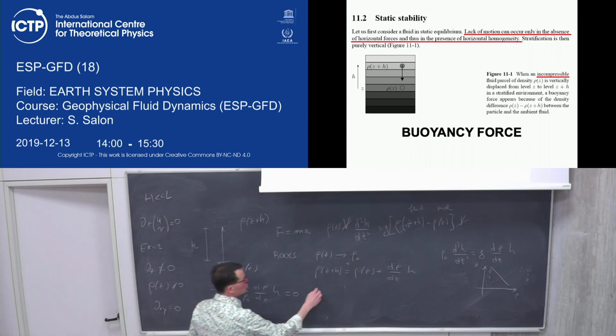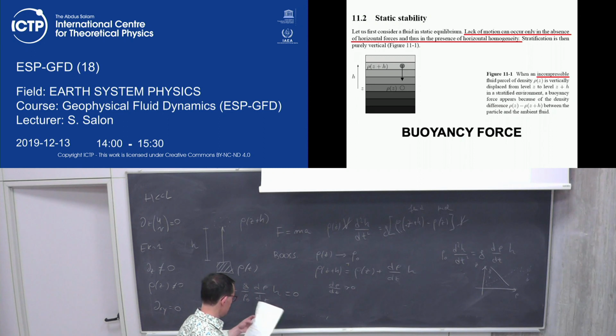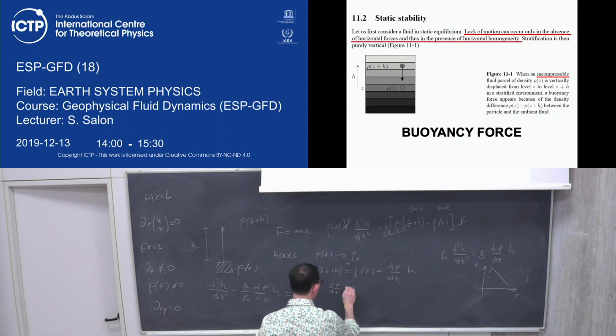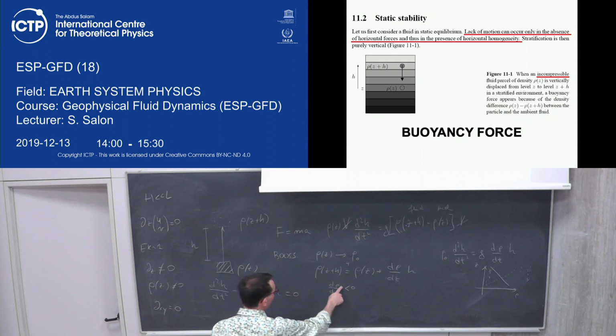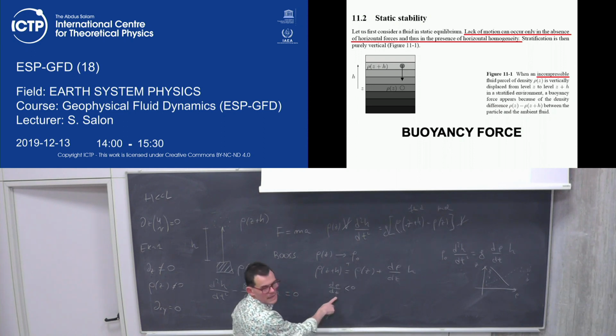So we have the two cases. The first case is when d rho over dz is, no sorry, the contrary, is negative. When d rho over dz is negative, it means that we are decreasing rho with respect to z.